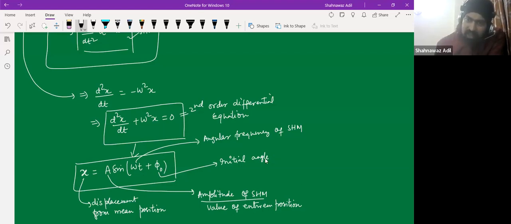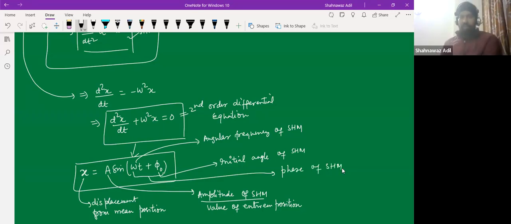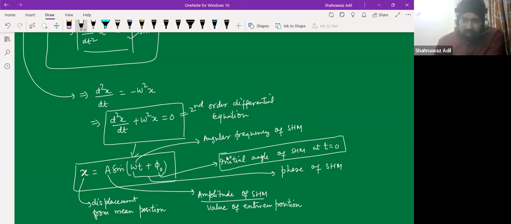So that describes the initial angle of oscillation, or SHM, or this is called the initial condition, right? And this whole thing is called the phase of SHM, right? So the initial angle of SHM at t equals 0. This is very important. Fine, right?